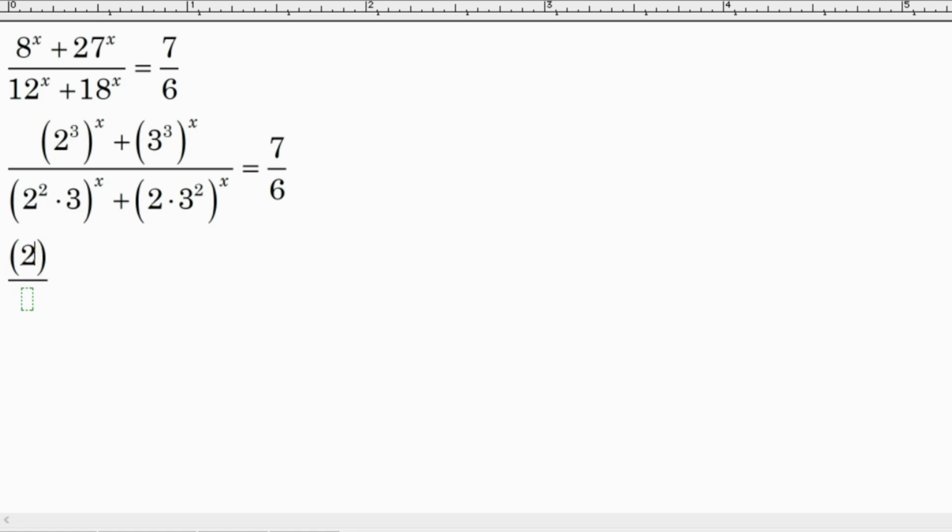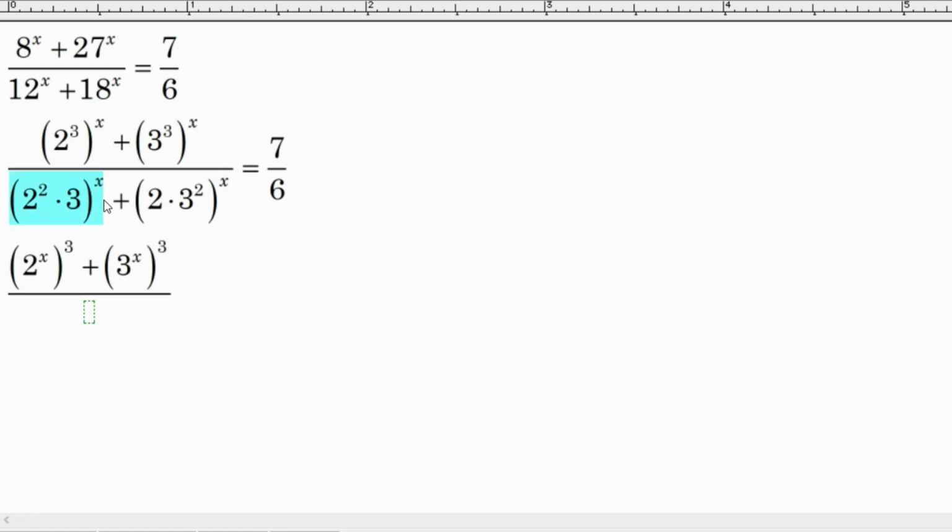Then we get 2 to the power x, and then we switch to the power 3 here, plus, and here we can also switch the exponents. So I can write it as 3 to the power x and then all raised to the power 3.